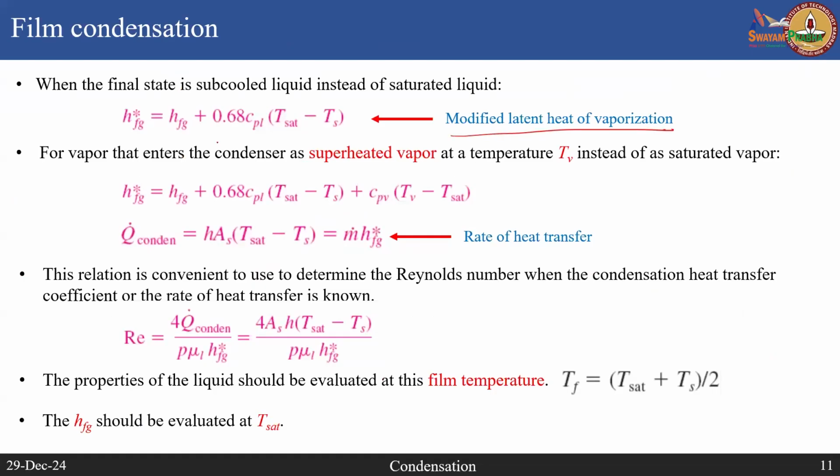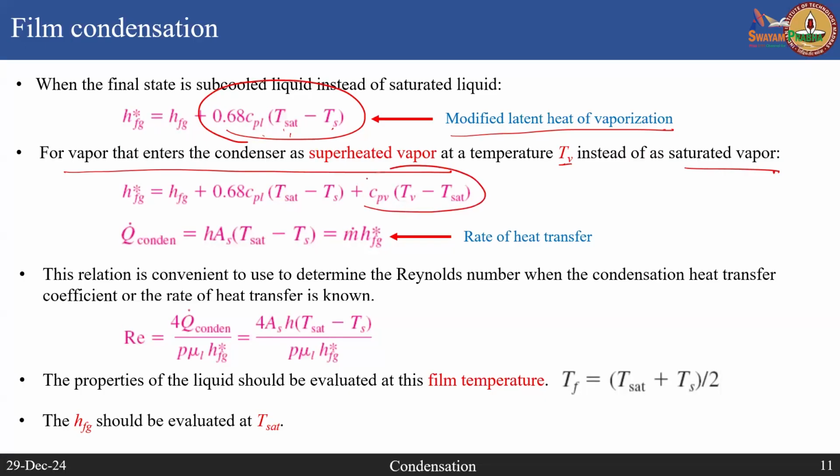So, HFG star, now if you consider that the final state is a subcooled liquid instead of saturated liquid, then you can add a difference of sensible heat due to the subcooling from Tsat to the surface temperature. And similarly, if the vapor that enters the condenser as superheated vapor at temperature Tv instead of saturated vapor, then you have to consider some degree of reduction from the superheated state to the saturated state.